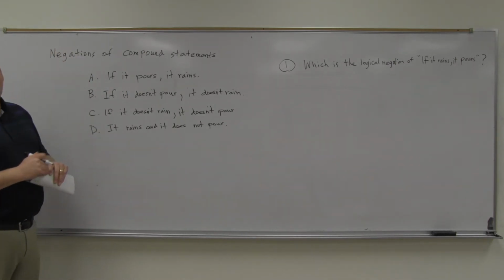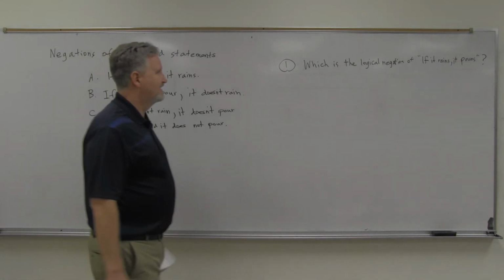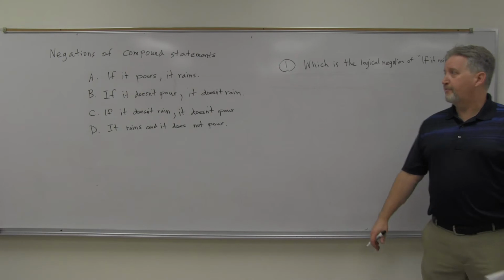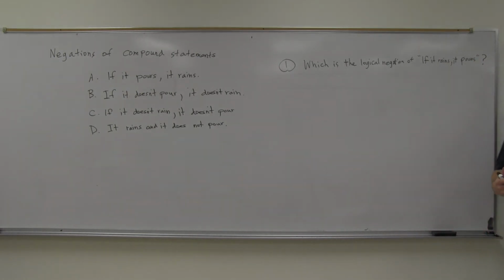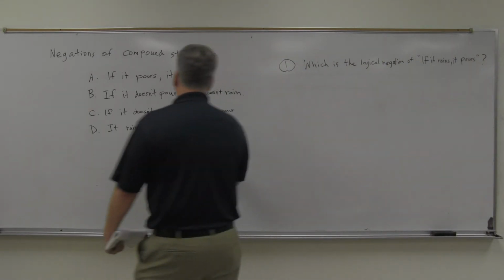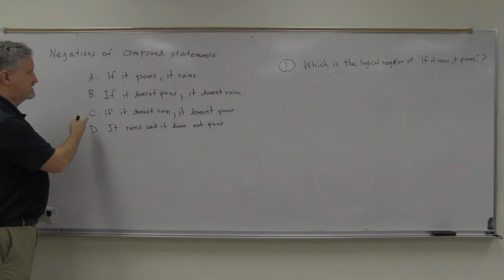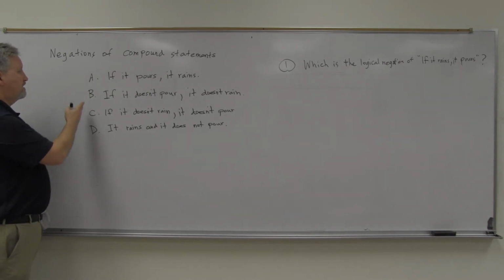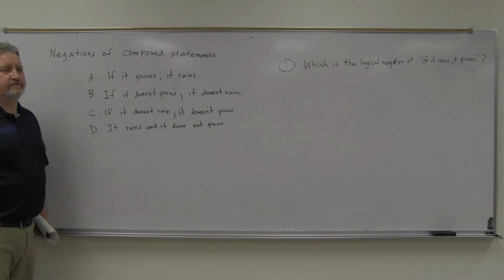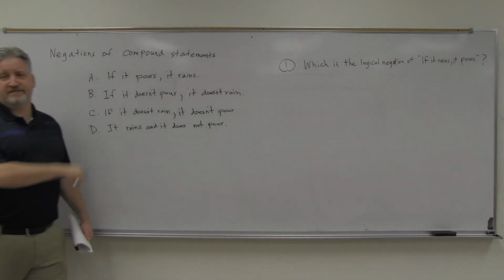If you're just randomly guessing, you've got a 25% shot here. If we didn't know anything about it, we'd probably go with one of the ones that has these 2 parts negated. If it doesn't rain, it doesn't pour, so you may be thinking it's C, or maybe B. Probably our first guess would be C.